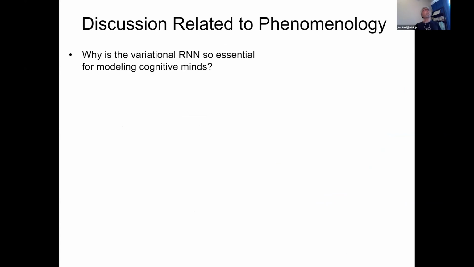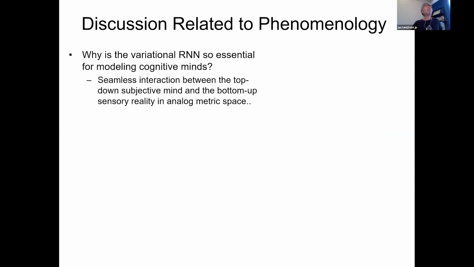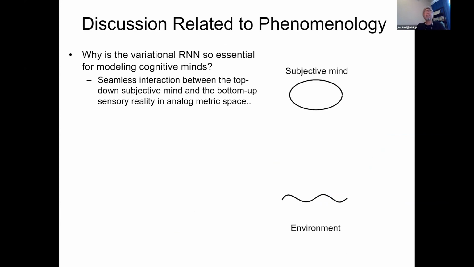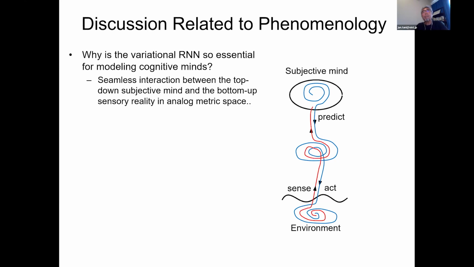So why is the variational recurrent network so essential for modern cognitive minds? One reason is the seamless interaction between the top-down subjective mind and the bottom-up sensory reality in the analog metric space. We have the subjective mind, a top-down prediction or intention acting on the environment, and we have an interaction in the environment, and then perceptual reality comes back.